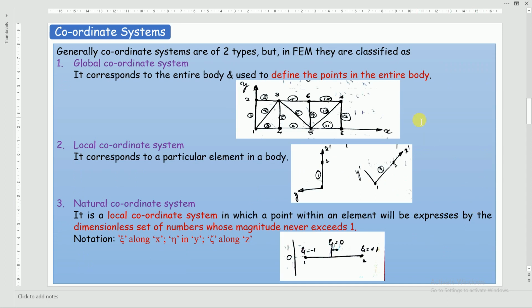So coordinate systems. Generally, how many coordinate systems are there? Which are those? It's been written here in the first line itself. Generally, coordinate systems are of two types.